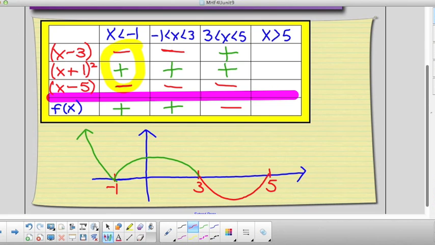So my final region is when x is greater than 5. Either the graph is going to go down like this, or the graph is going to continue to go up, or be in the positive region. So again, if you pick any number greater than 5, so +6, and you plug it in, you're always going to get a positive sign.